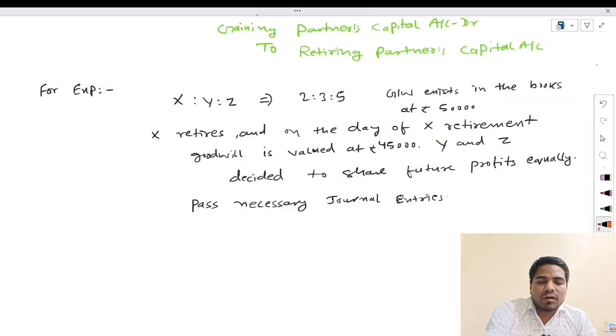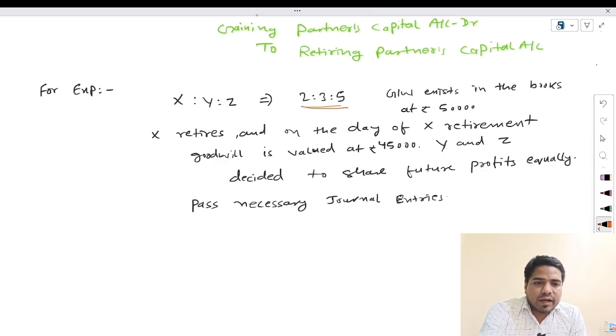Now come to an example. With the help of an example, we will understand how these activities will be conducted. Here are three partners X, Y and Z. Their profit sharing ratio is 2:3:5. Goodwill existed in the books at 50,000. Here book goodwill is given.